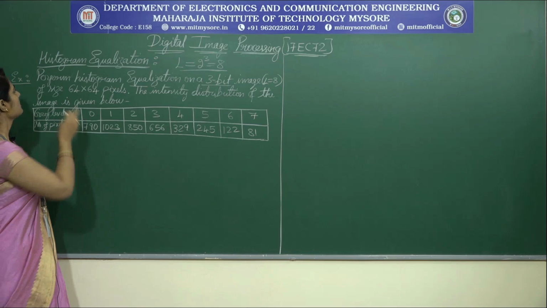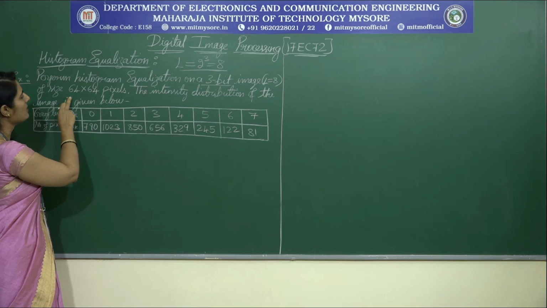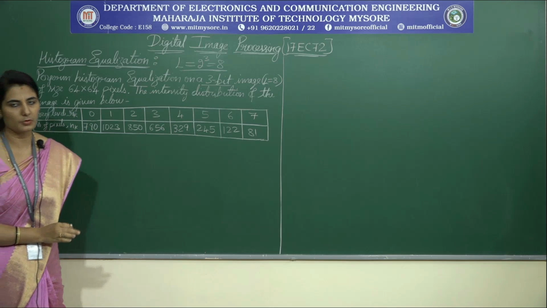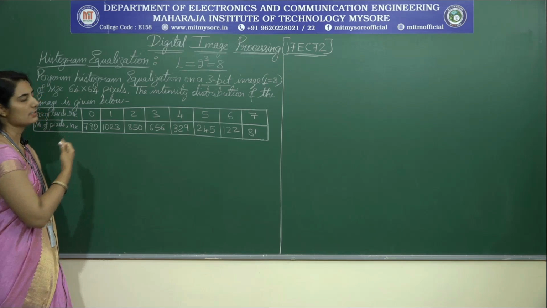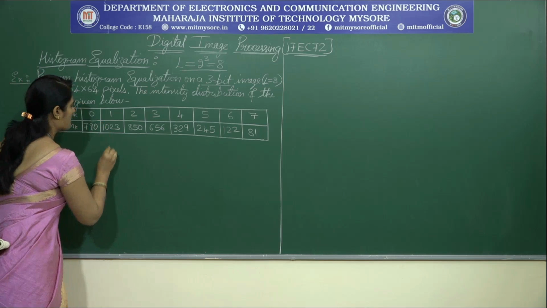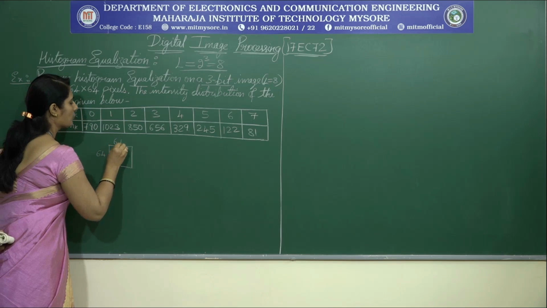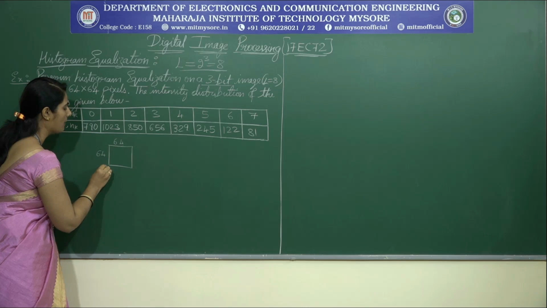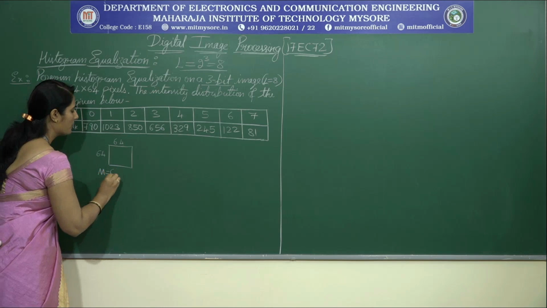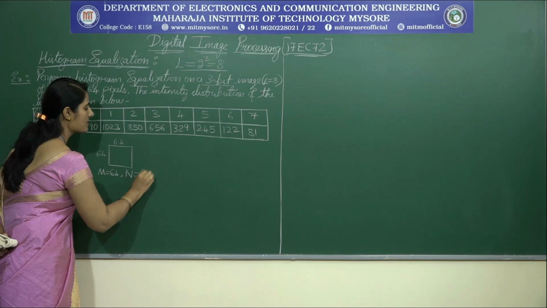Next, in this problem it's a 3-bit image of size 64 cross 64 pixels. So the size of the image is given. That means you have 64 rows and 64 columns.